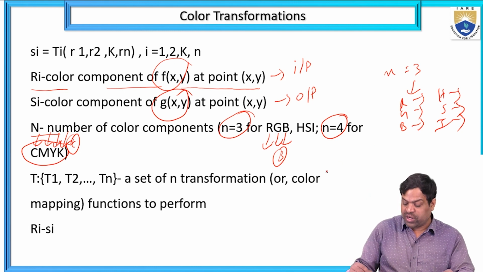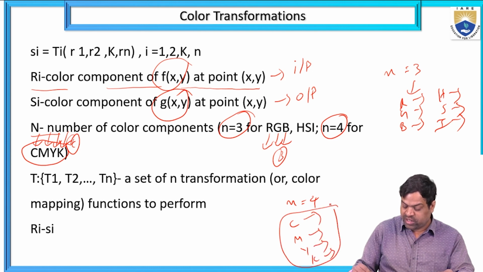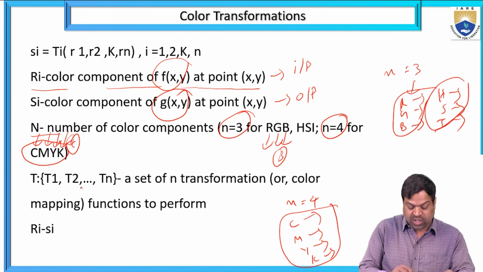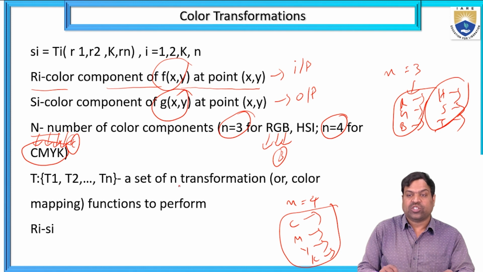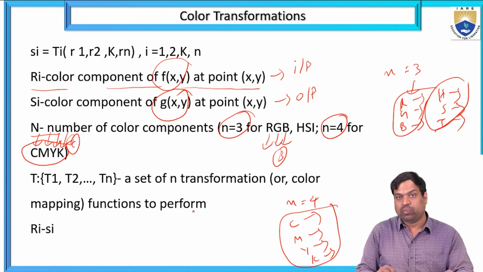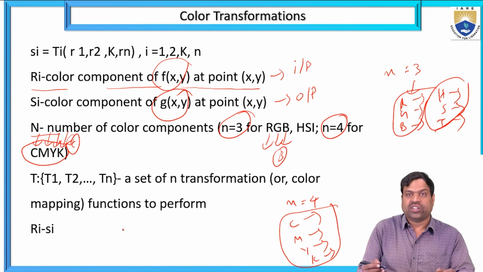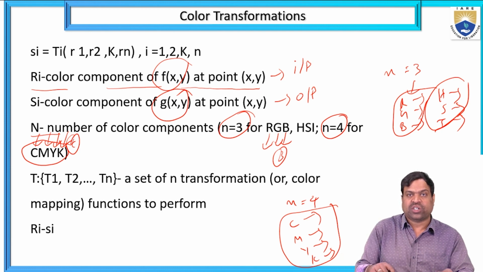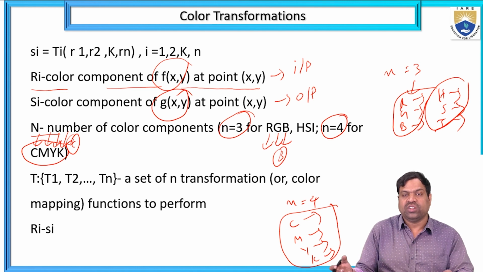When n equal to 4, that means CMYK, four colors. T equals T1, T2, so on Tn, a set of n transformations or color mapping functions to perform Ri to Si. So what is the transformation technique? Si equal to Ti of R1, R2, R3, so on Rn. Here Si is the output image of the transformation process and Ti is the transformation technique. R1, R2, so on are the input image of the transformation process.